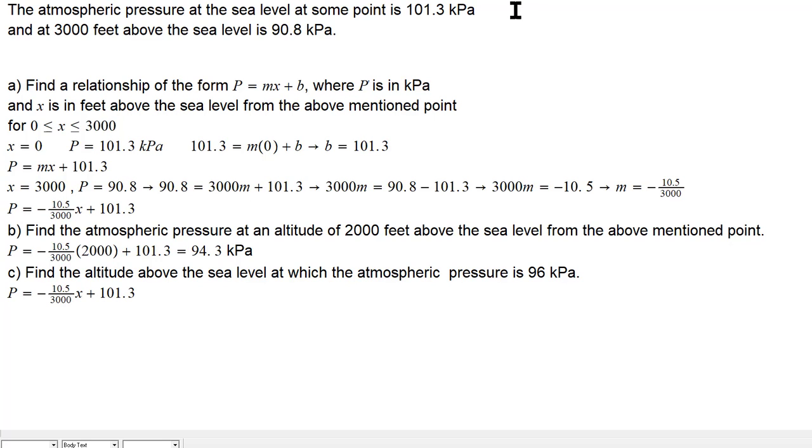If the pressure is 96 units, then we have to solve this equation. What we would do is keep x on one side and move everything else to the other side.